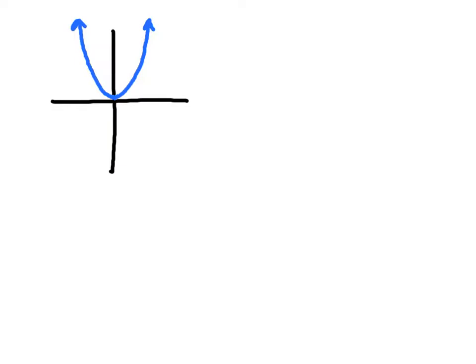If your parabola opens up or down, like this one does, then yes, because no matter where I put a vertical line, it's only going to cross that parabola at one spot. So that's what makes it. All right, so this parabola definitely passes the vertical line test, so it is a function.